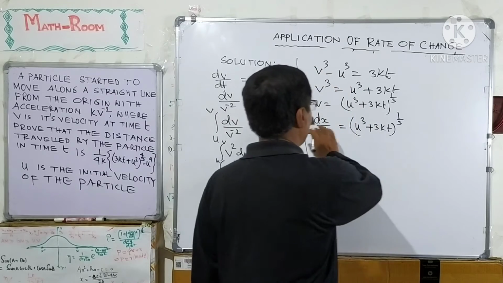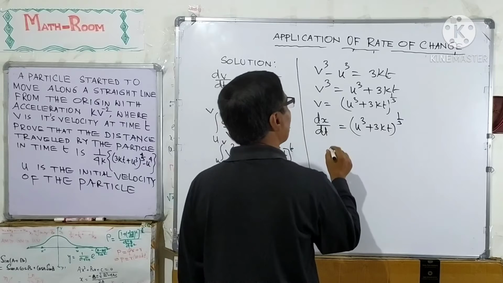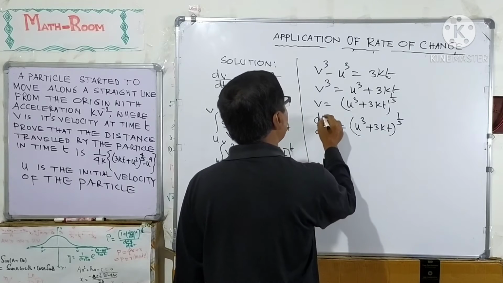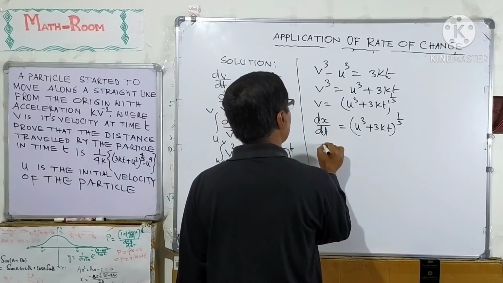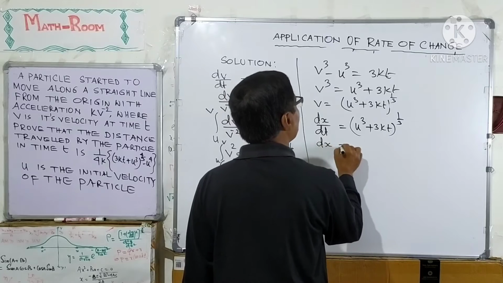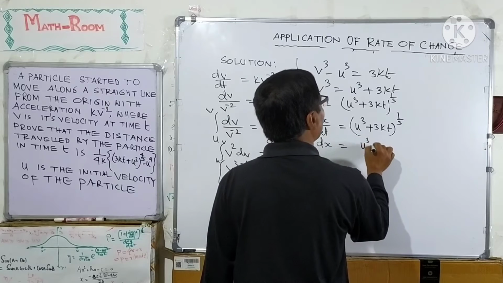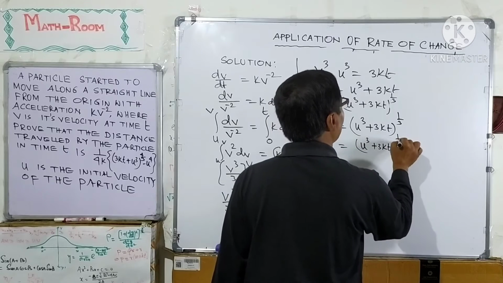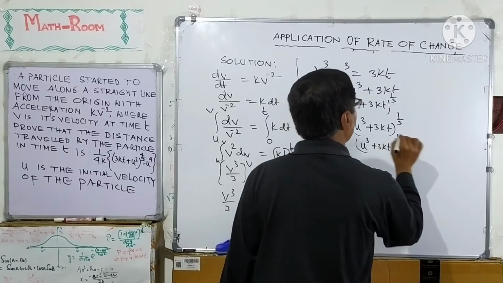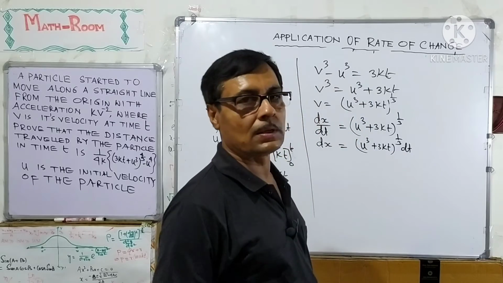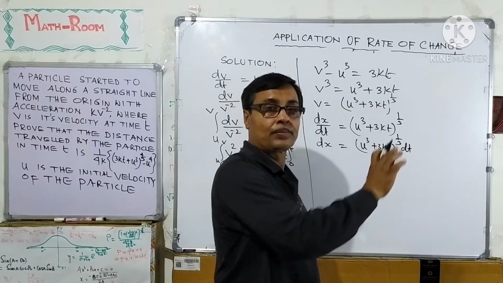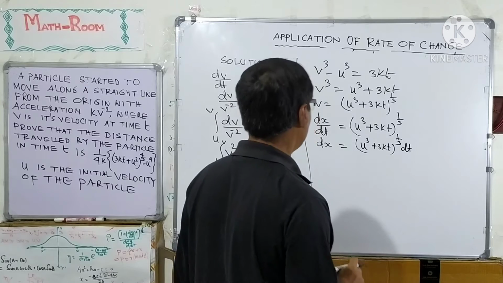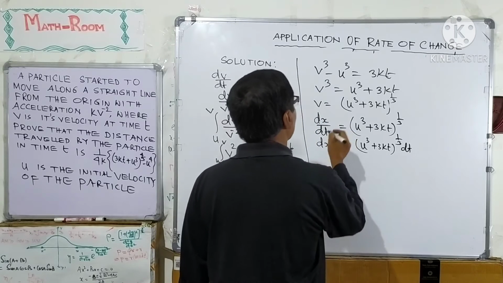At first we separate the two variables x and t. After separating the two variables, we get dx equal to u cube plus 3 kt to the power 1 over 3 dt. Thus, the two variables are separated. Now, we can integrate both sides.